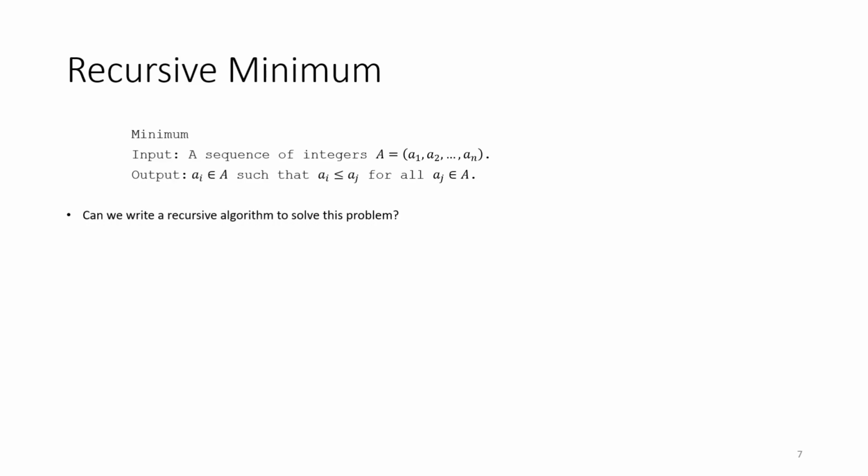Do we split off the first element, the second element, the last element? And each one of those is a correct algorithm. But some obviously are a little bit more intuitive than others. Picking the middle element doesn't seem as intuitive.